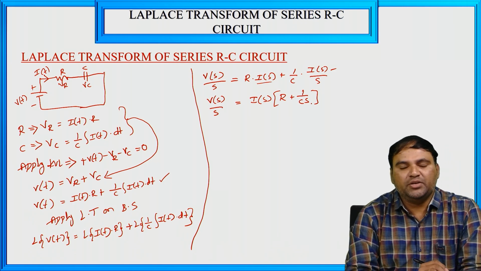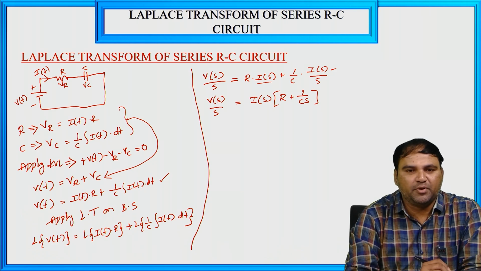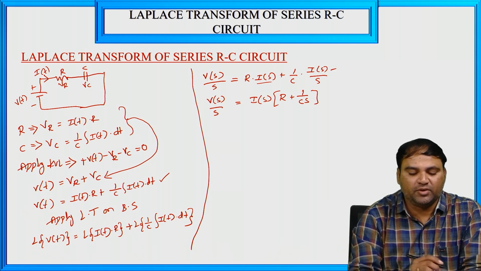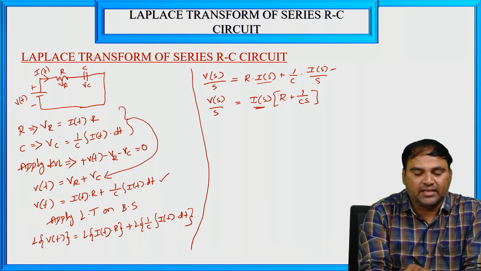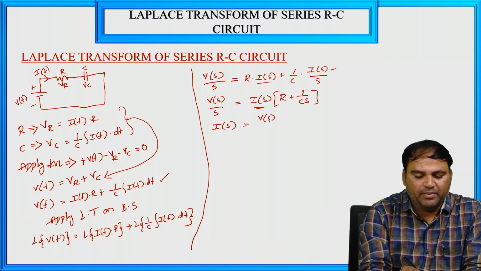Now using this equation we have to calculate the current response. We need to calculate the current response in the S domain first. So I of s equals, by cross multiplication, V by S into 1 divided by R plus 1 by CS.